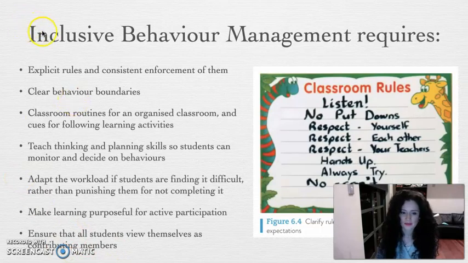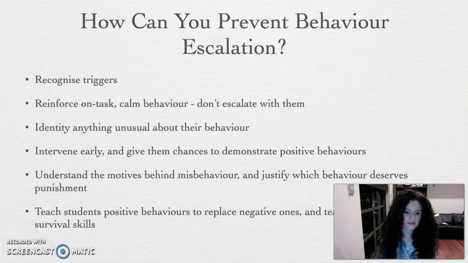Inclusive behaviour management requires explicit rules, clear boundaries, classroom routines, teaching thinking and planning skills, adapting the workload, making learning purposeful, and ensuring that all students view themselves as contributing members.